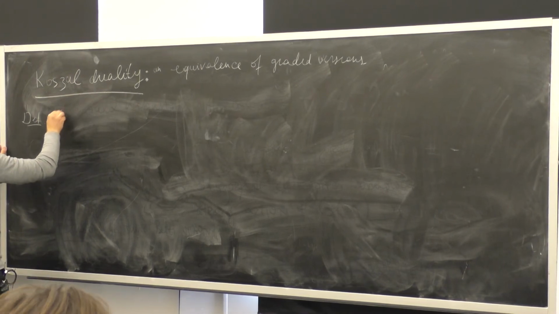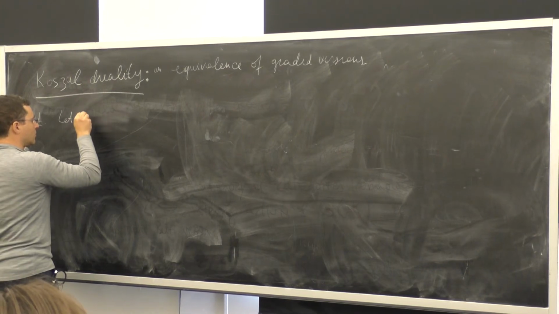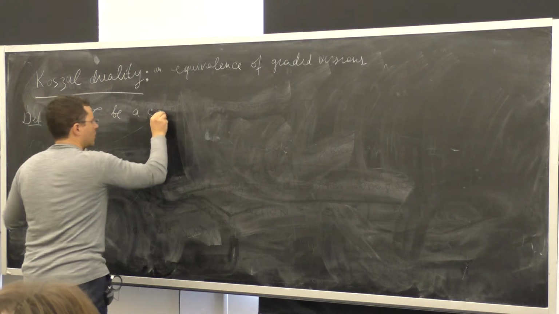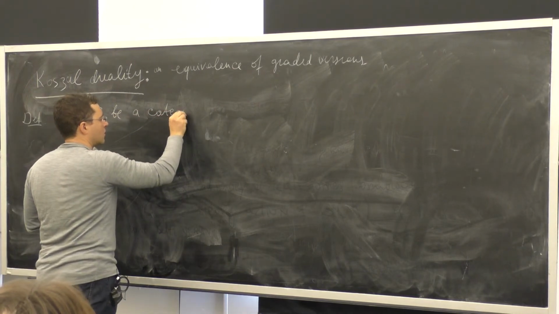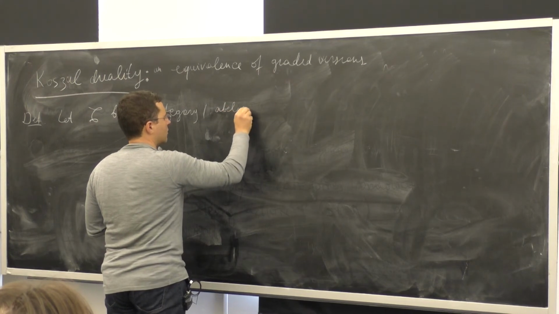So let C be a category, well, abelian or triangulated.